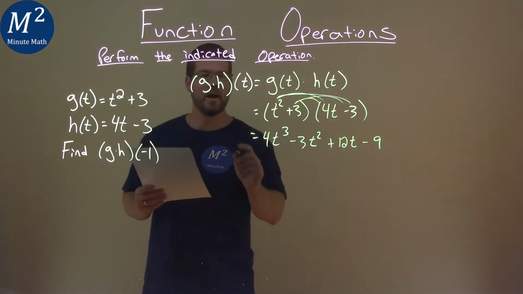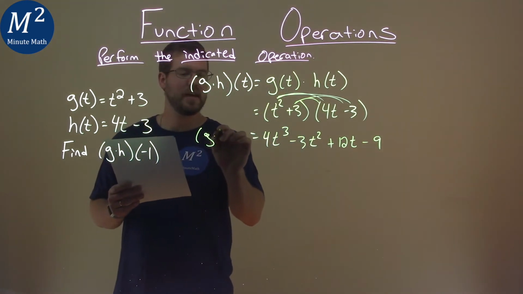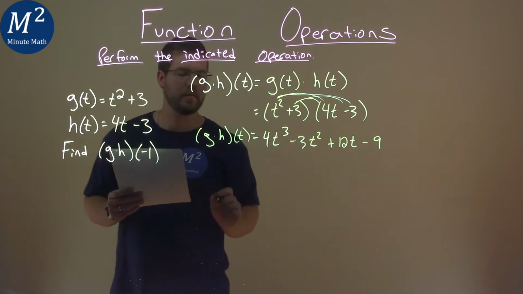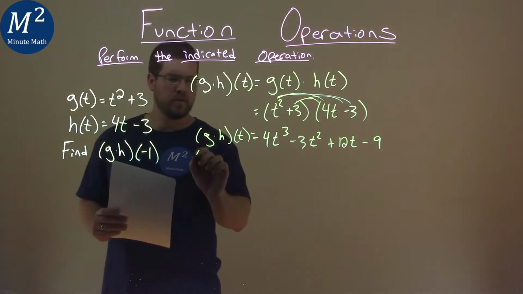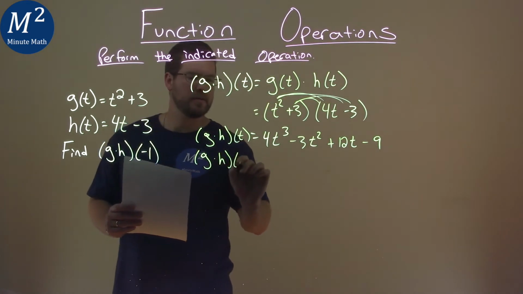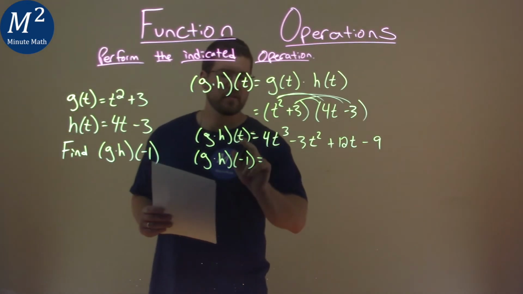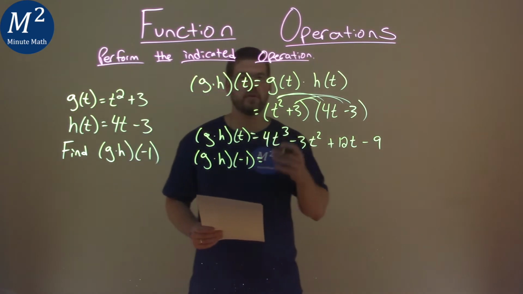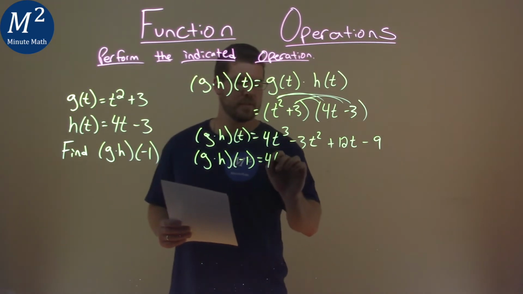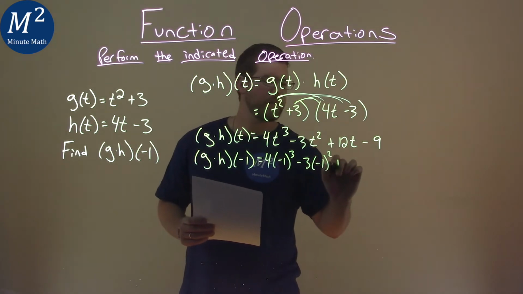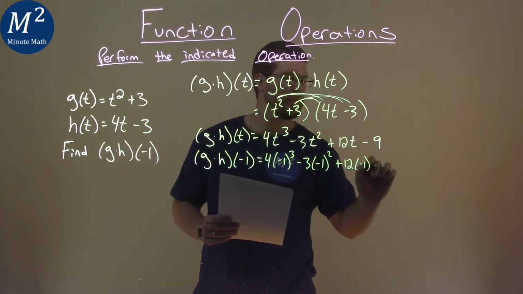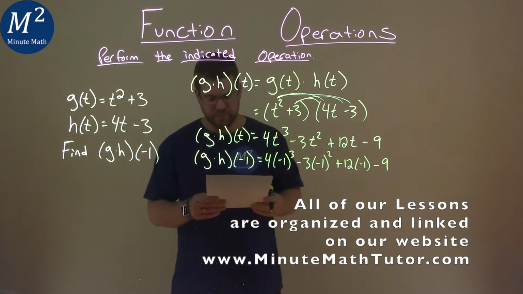Okay, we now have our g times h of t. But they ask us to find g times h of negative 1. So to do that, we're going to substitute negative 1 in for our t values. So we have 4 times negative 1 to the third, minus 3 times negative 1 squared, plus 12 times negative 1, minus 9.